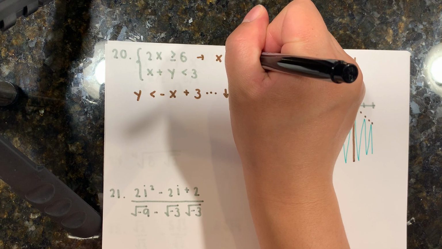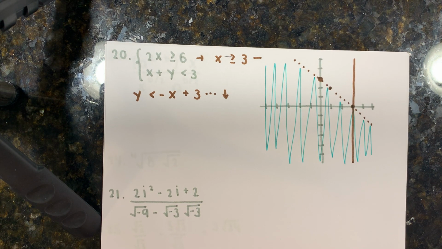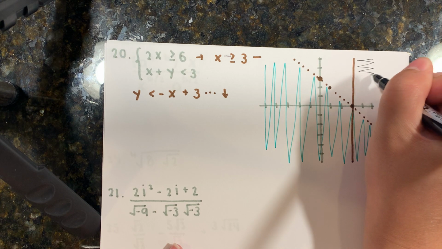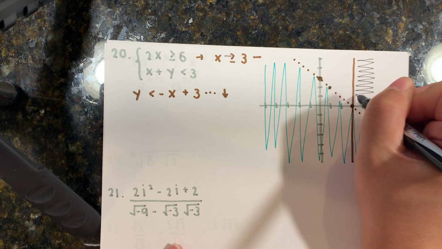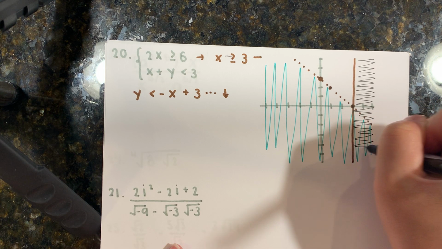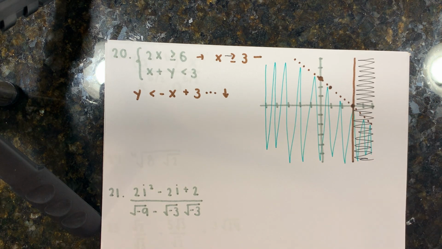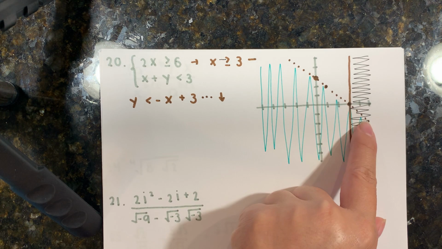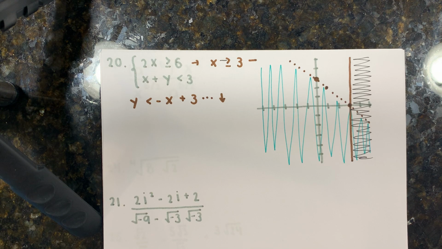If you put an arrow in the alligator's mouth, that points to the right. So that would be everything to the right of this line. Okay, so your answer is going to be that section to the right of the solid line and under the dotted line.